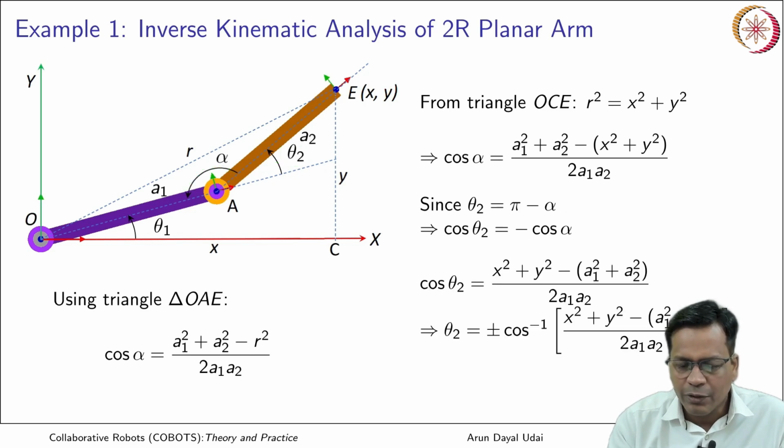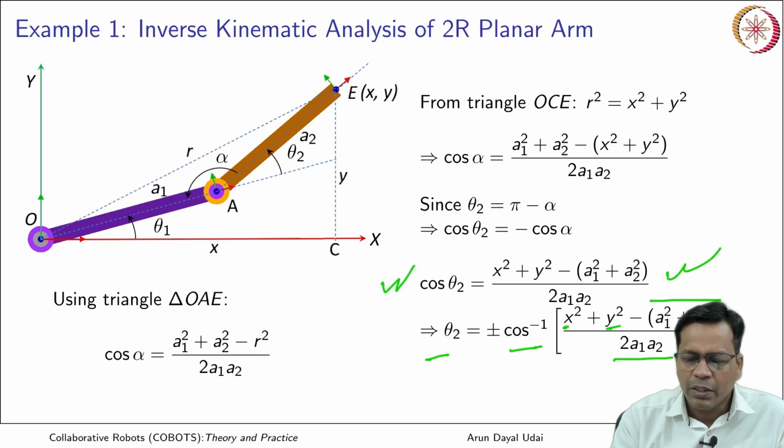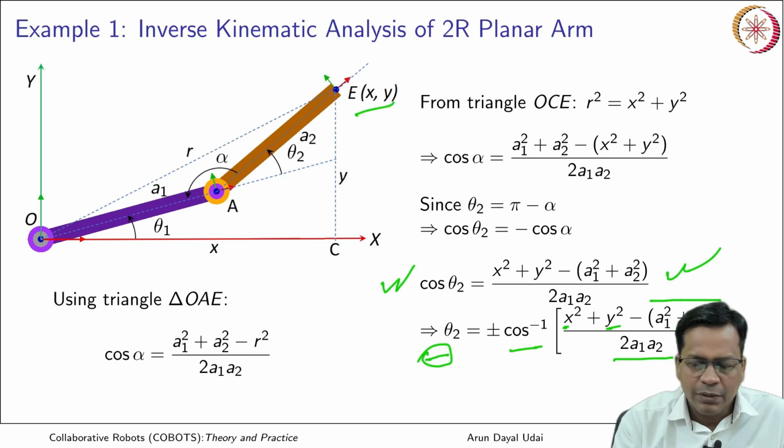So what do I get? Cosine of theta 2 is equal to this, and theta 2 is equal to plus or minus cosine inverse of (x square plus y square minus A1 square minus A2 square) by 2 A1 A2. Now I could get theta 2 for the given position x, y and the link lengths A1 and A2.